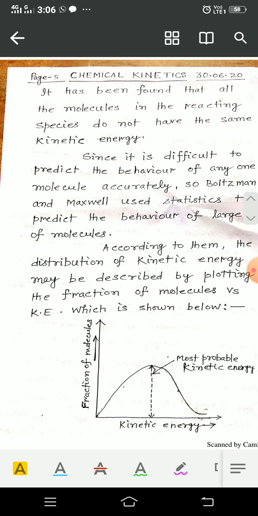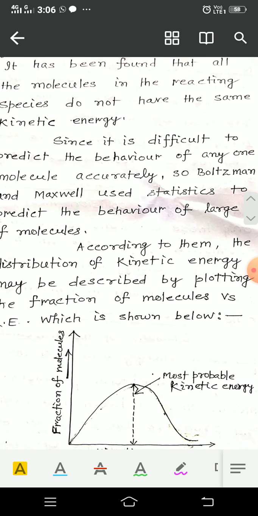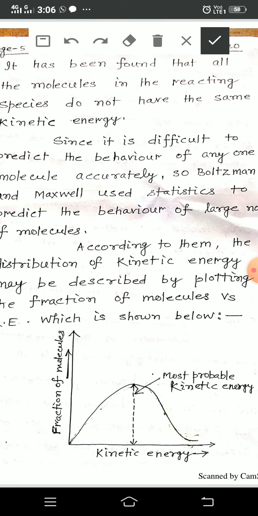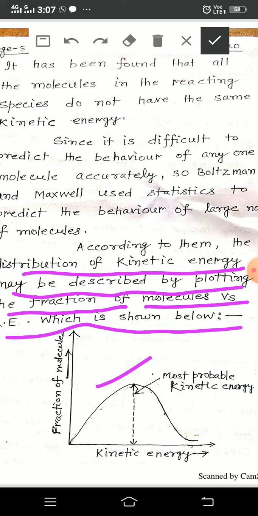According to them, the distribution of kinetic energy may be described by plotting the fraction of molecules versus kinetic energy, which is shown below. This point shows the most probable kinetic energy.